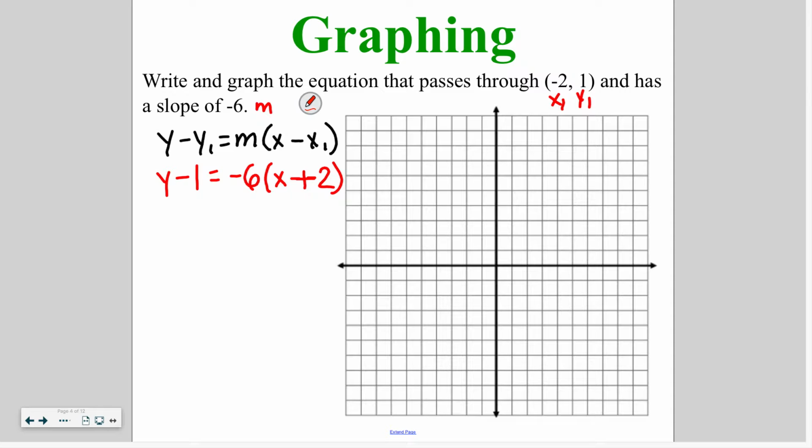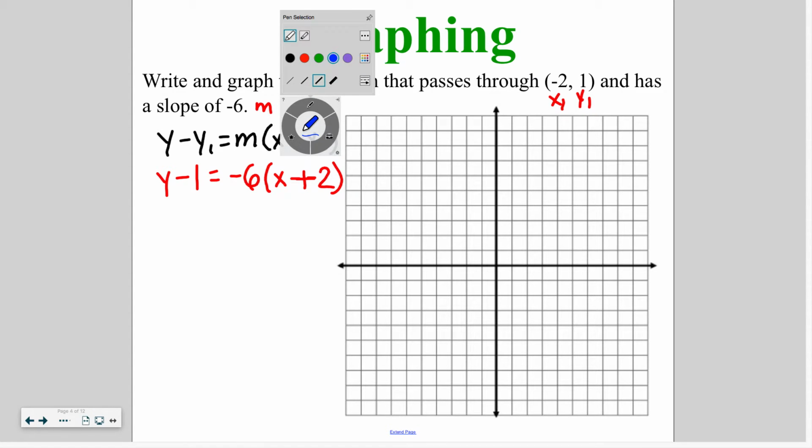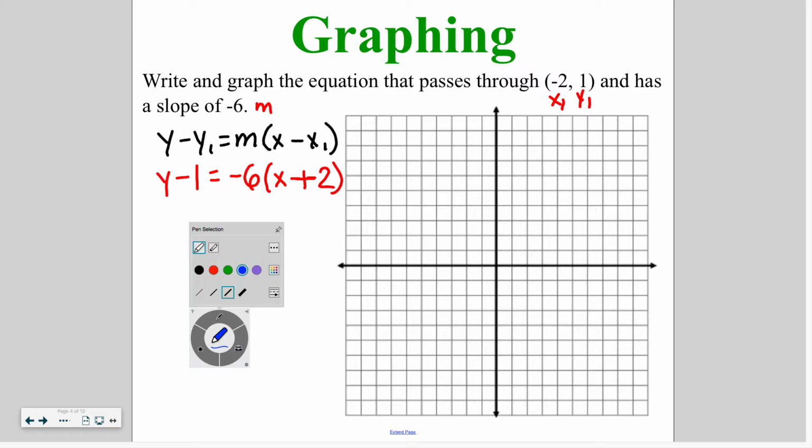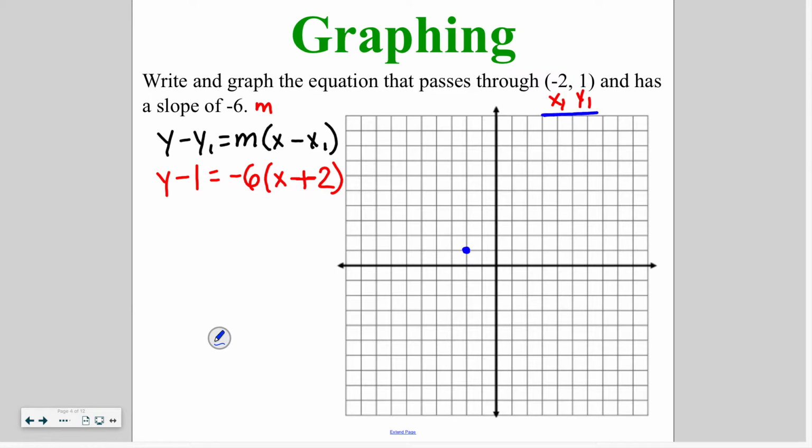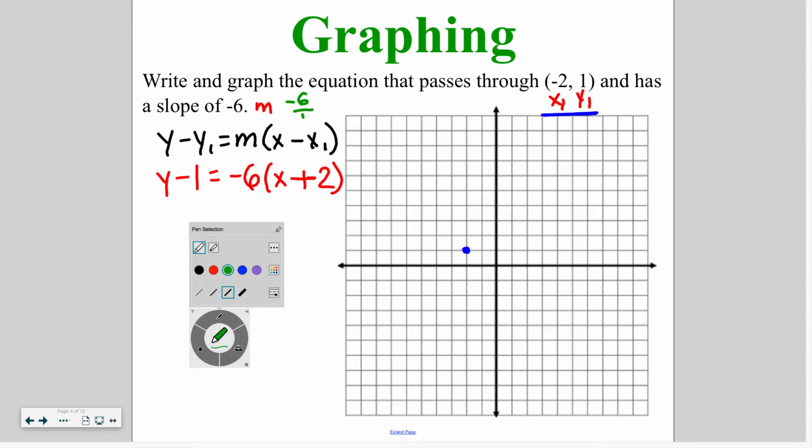When I am going to graph, I always start my graph at the point that they give me. So my point is negative 2, so over 1, 2, and then up 1. So my starting point is this point right here. Then I'm going to go ahead and use my slope. We're going to turn it into a fraction, negative 6 over 1. So we're going to go down 1, 2, 3, 4, 5, 6, and to the right, 1.